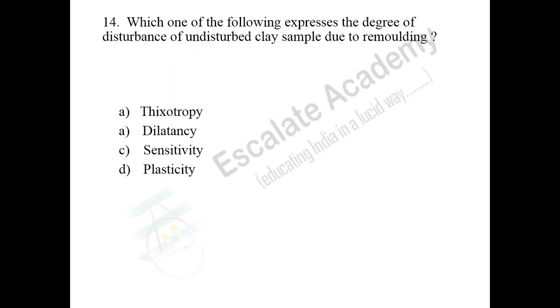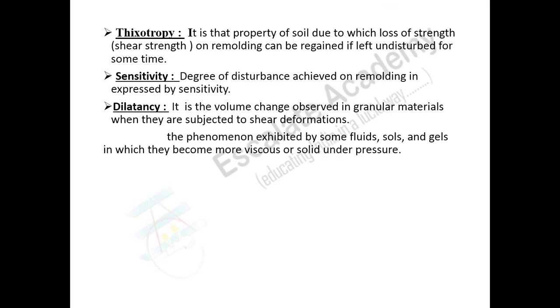Then which one of the following expresses the degree of disturbance of an undisturbed clay sample due to remolding? It is sensitivity. Sensitivity is the degree of disturbance. So let's see what thixotropy means.